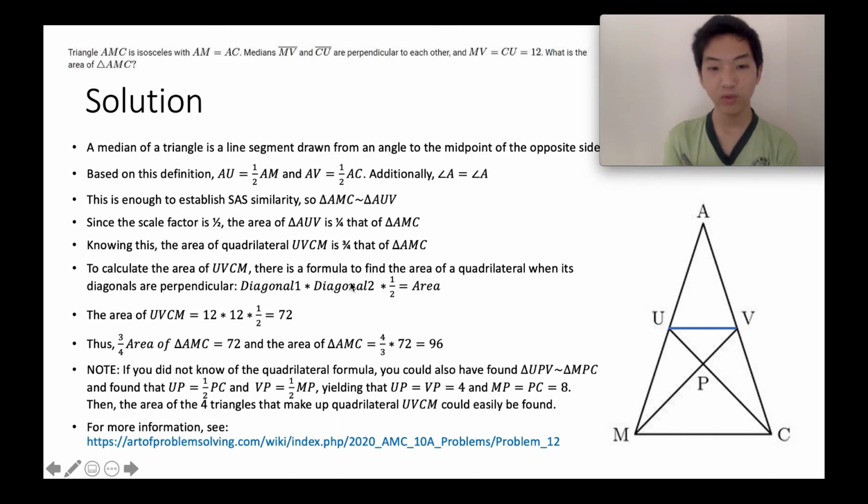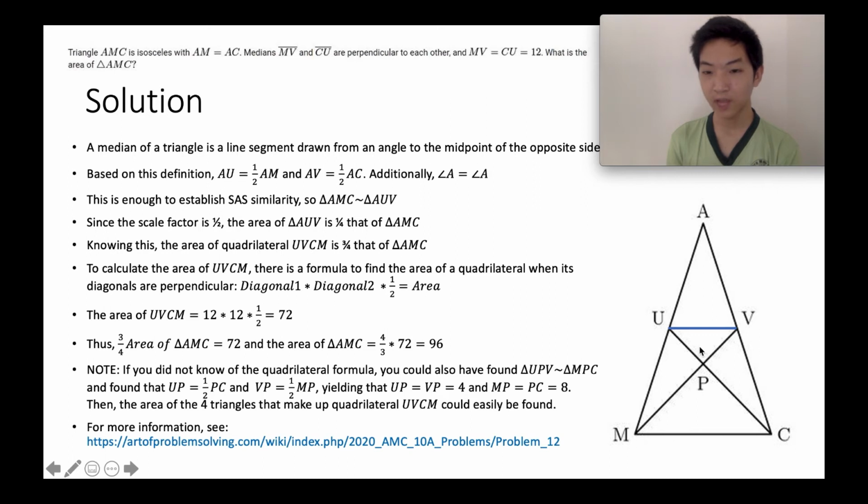In case you're wondering why this works, it's because it's given that UC and VM are perpendicular, and that means that each of UP, VP, MP, and PC act as a height or base of the right triangles. So you can split this into 4 right triangles, or you can split into 2. So let's say split into MUV and MVC.